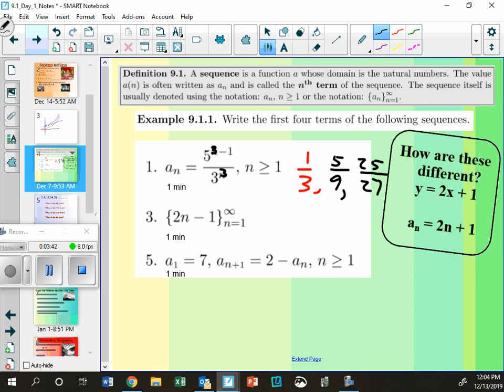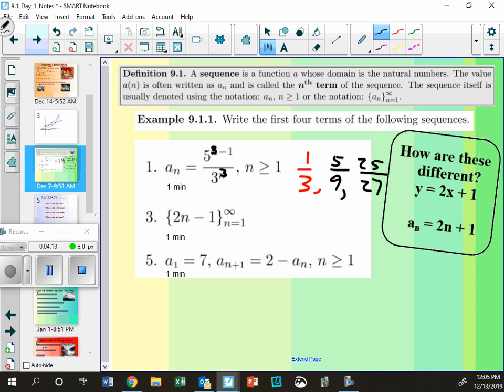Now, is it going up by a nice, simple thing? So you're saying you can't just multiply the top by 5 every time and multiply the bottom by 3 every time? Think about that. Do you get that the top is just multiplying by 5 each time and the bottom is multiplying by 3 each time? Is that the same as multiplying by 5/3 each time?